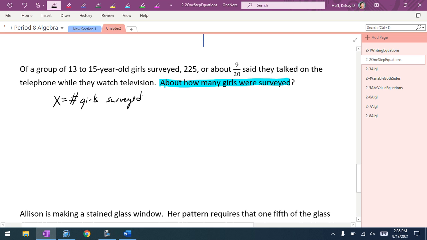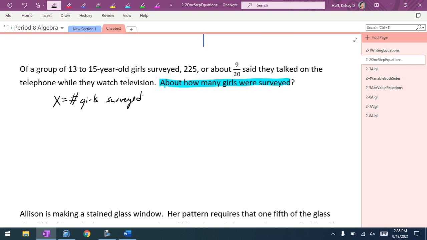Not how do I solve this and find the answer, but based on the information they gave us, how could I write an equation to represent the situation? Of a group of 13 to 15-year-old girls surveyed, 225, or about 9/20, said they talked on the phone while they watched television.